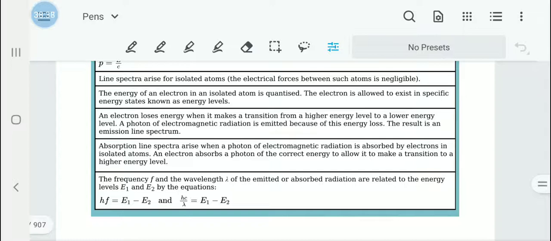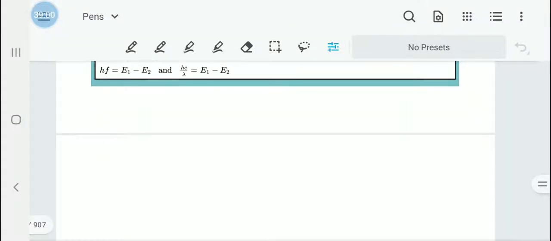So unless it meets an electron with a similar amount of energy, it would not happen. Then the frequency f and wavelength lambda of emitted or absorbed radiation are given by hf equals delta E, that is E1 minus E2, or hc upon lambda equals E1 minus E2.